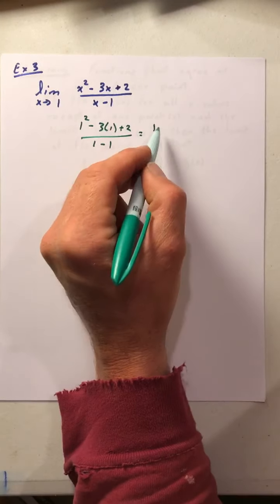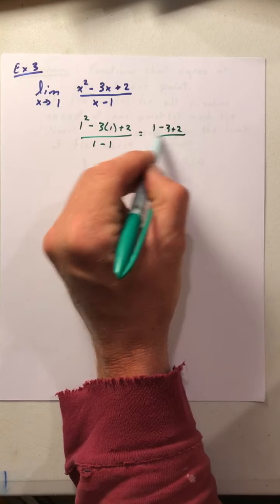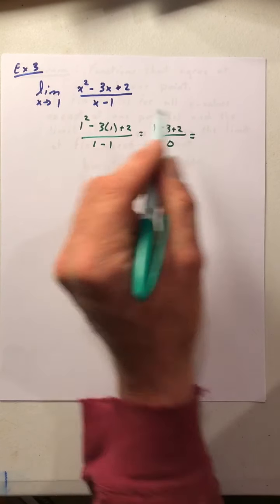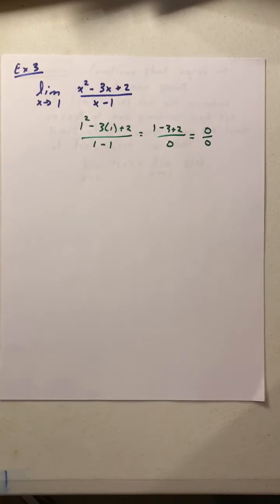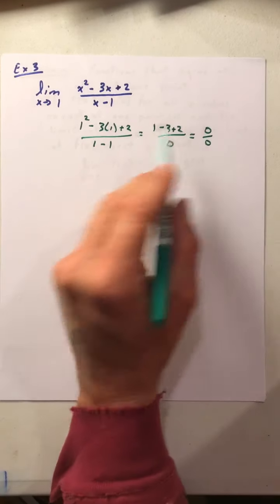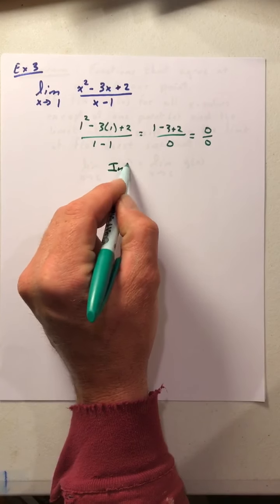Well, continuing, we get 1 minus 3 plus 2 over 0. 1 minus 3 plus 2 gives us 0 over 0. Very important that we see that 0 over 0. We know we can't divide by 0, and 0 divided by 0 is not possible.